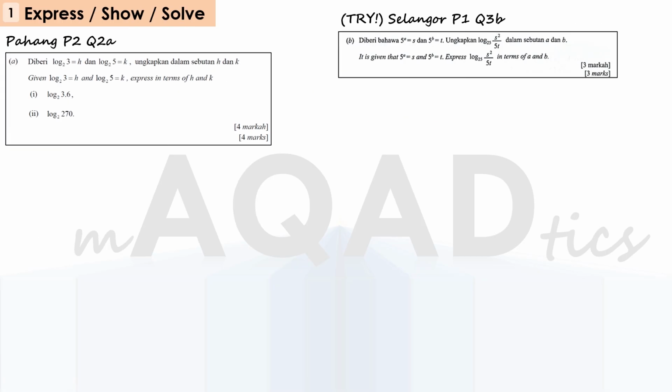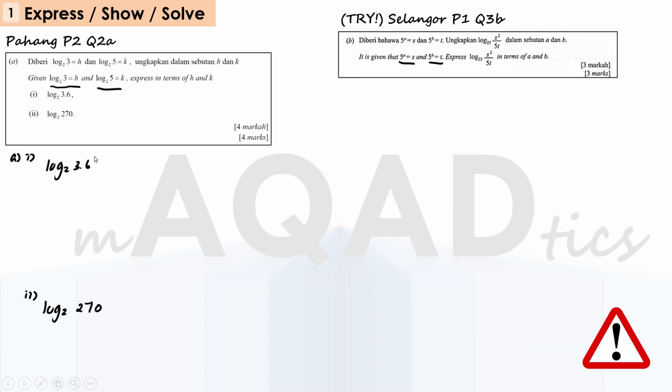For some questions, it will give us log equations, as you can see here, or index questions, as you can see in this Selangor question. Okay, so you can see here, right, the values, we need to change them to the unknowns. So here we have two values, we need to change them to the unknowns h and k. The first thing we need to do is for decimals, let's change them to fractions first.